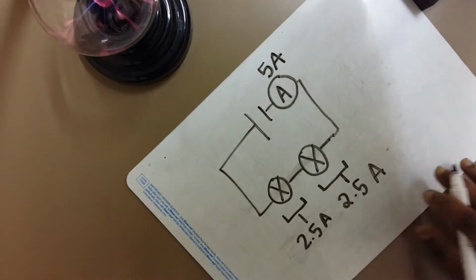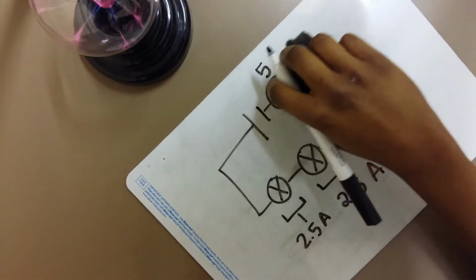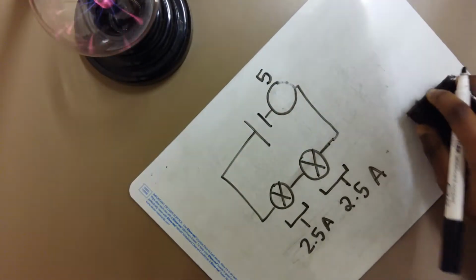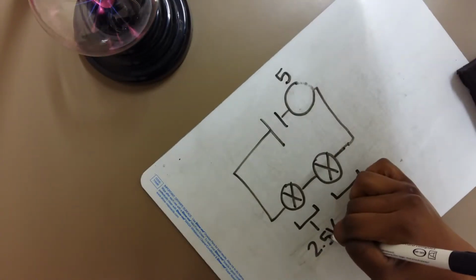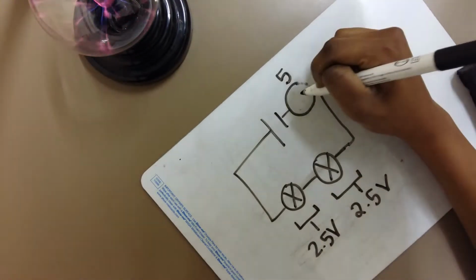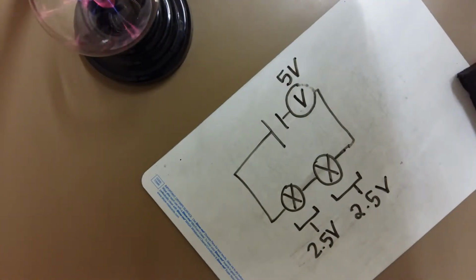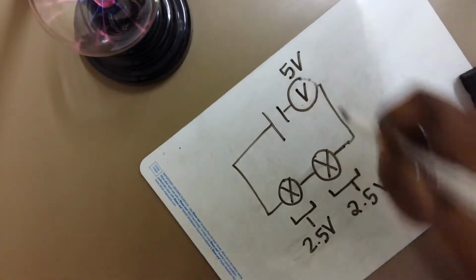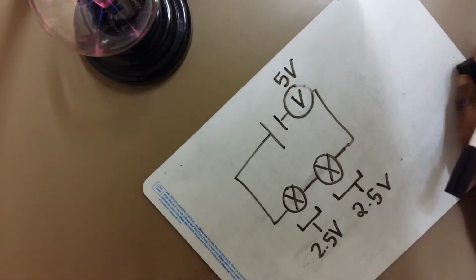They share the voltage too. So we can also change this to a voltmeter, and say 5 volts from the voltmeter is shared evenly across the two bulbs connected in series.